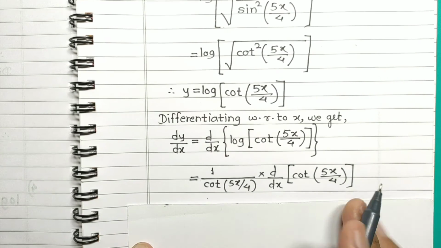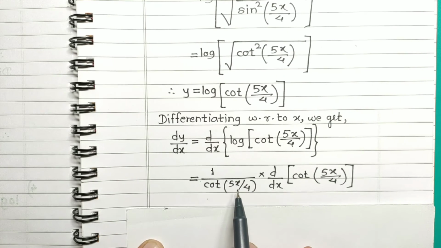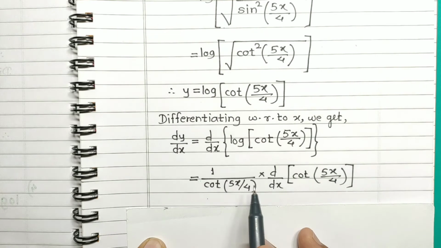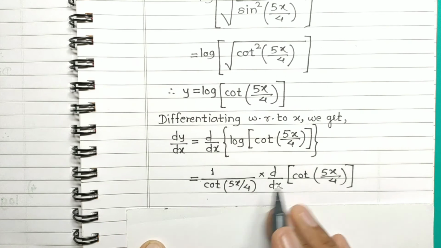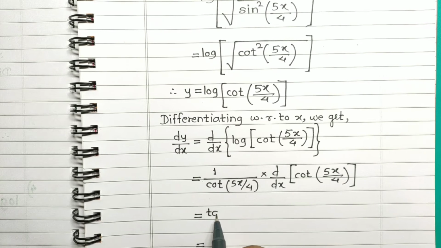Chain rule is used here. Again, see here, 1 upon cot of 5x by 4, we can write it as tan of 5x by 4, since we know that in trigonometry reciprocal of cot term is tan. So we can write it as tan of 5x by 4.